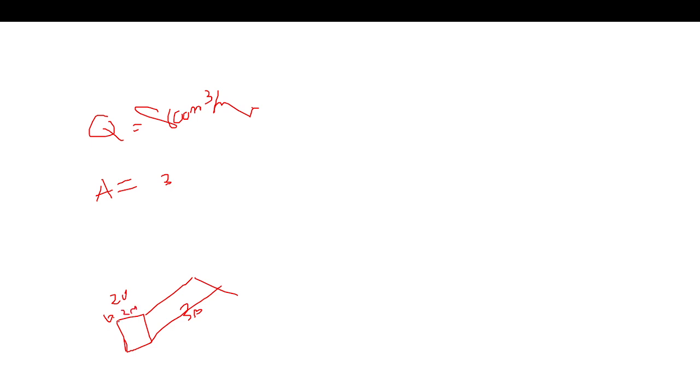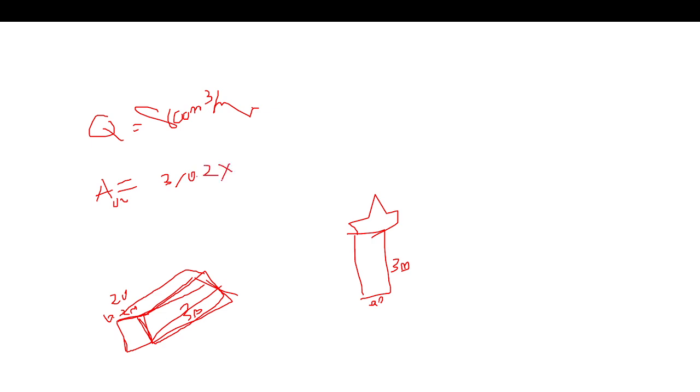So 0.2 into 3 into 4 will be your area of one bag, because 4 sides are there, right? There is 3 meter height and 0.2 meter wide. All the 4 sides of the bag will contribute.